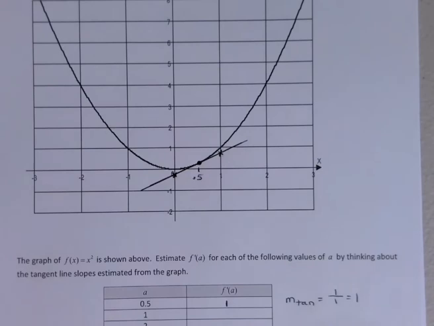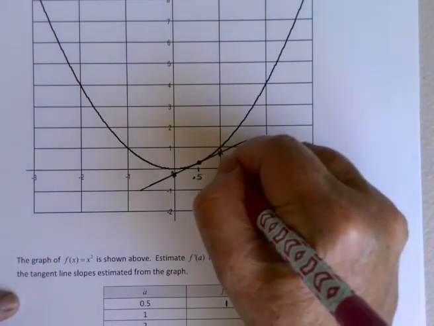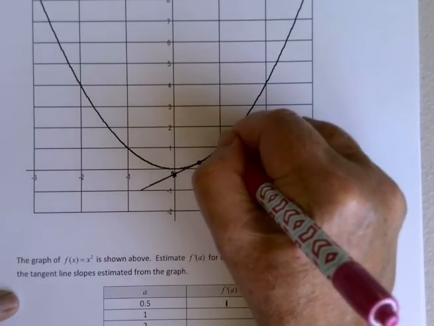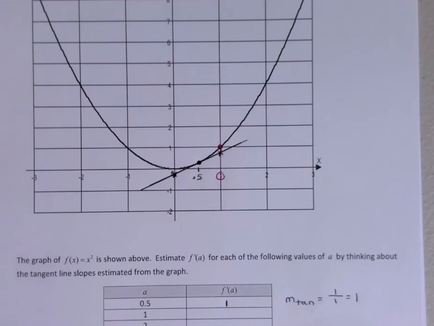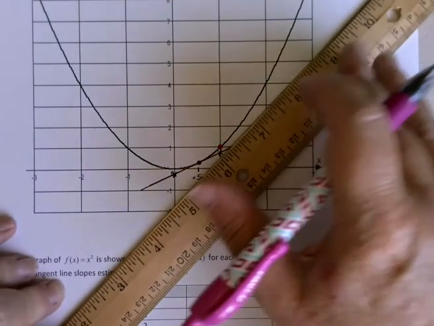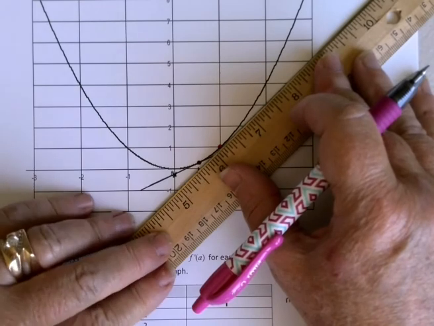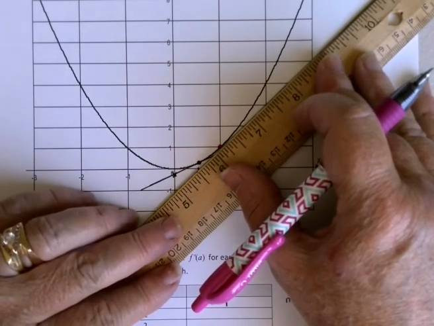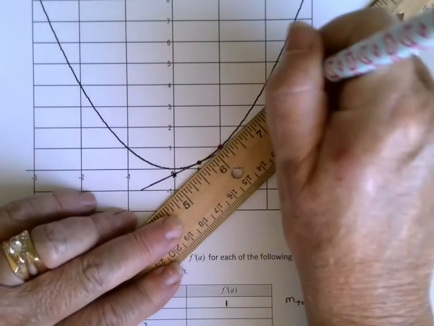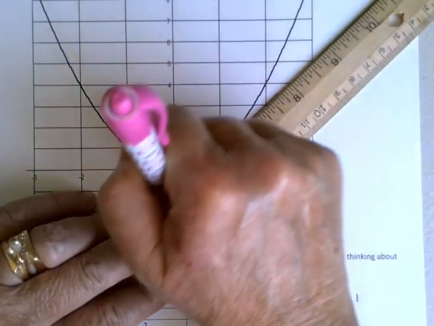Let's keep going. Let's go to a equals 1. 1 would be right here, so our point on the graph is there. And again, this is just an estimate now, but I'm going to grab my ruler and estimate about how that would look if the line was just going to touch the curve at that point.